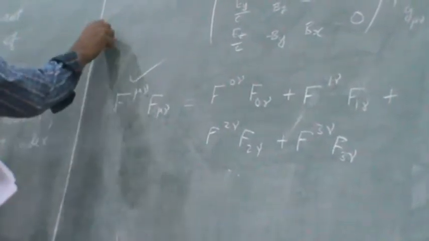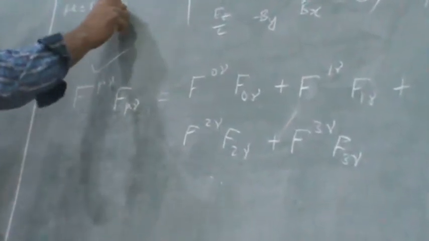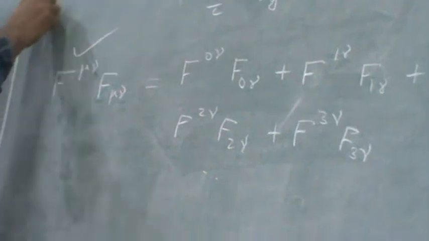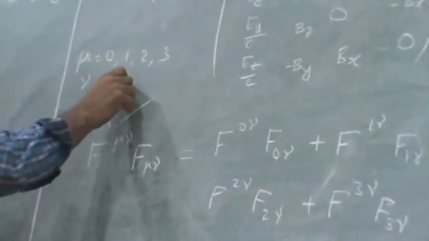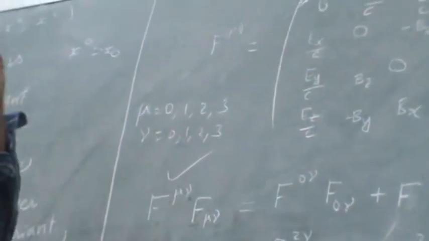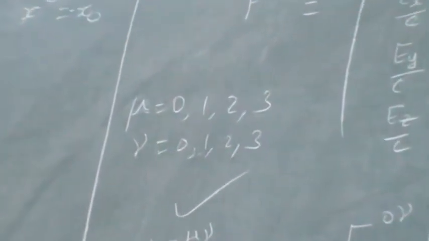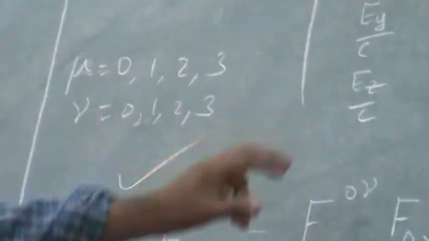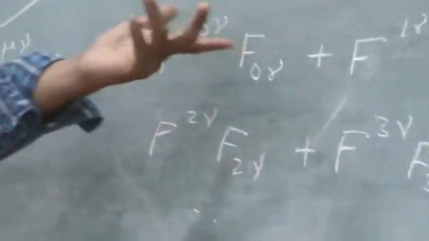Mu runs from 0 to 3. So this is the zeroth component, basically first row, first column. Zeroth column means it's the first row or first column. Yeah. Right.